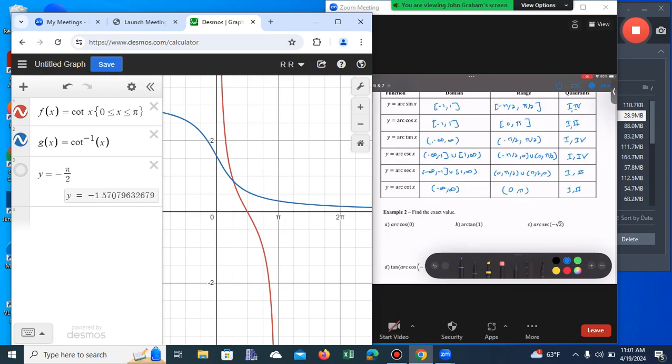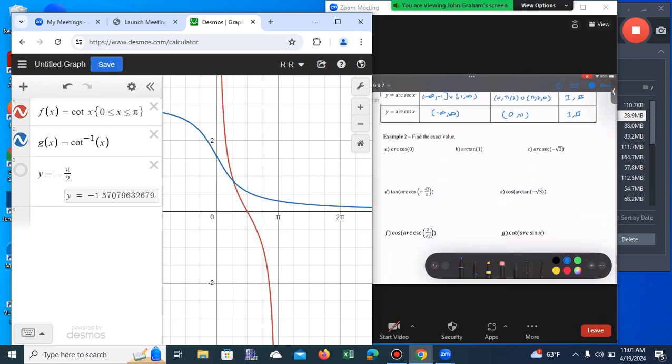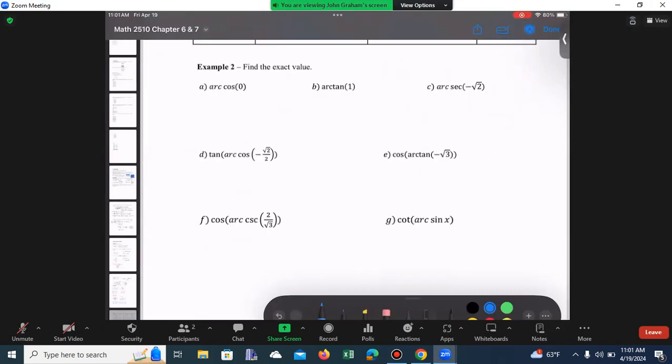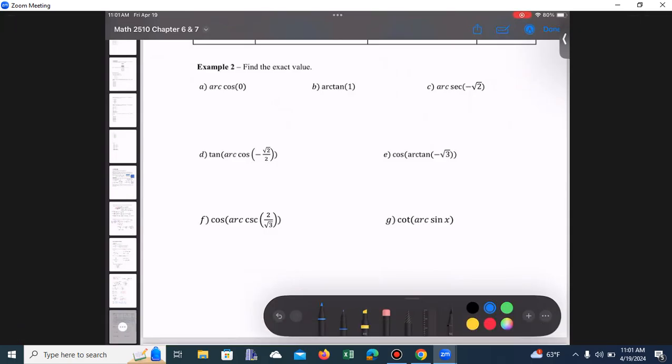All right, so we'll go through some of these. Arc cosine of 0, or the angle that gives you 0, is going to be pi over 2 for cosine. So that would be equal to pi over 2. Arc tangent of 1, that's going to be pi over 4 because tangent of pi over 4 is 1.